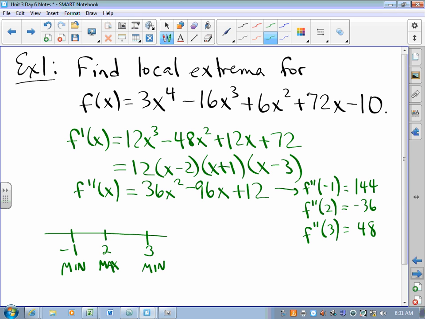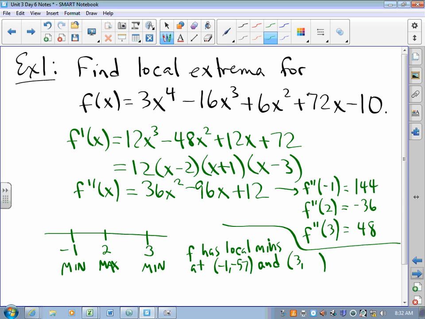So f has local mins at -1, comma, whatever you get when you sub in -1. That's 9 minus 10 is -1, minus 72 is -73, plus 16, -57. And at 3, comma, oh boy, whatever f of 3 is.